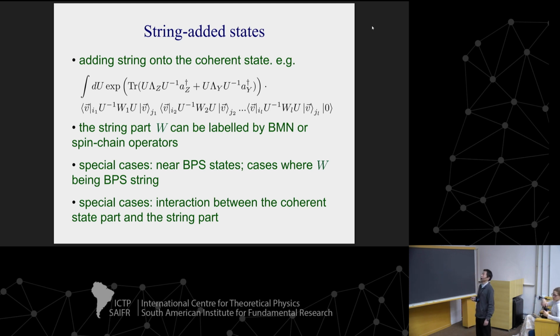There's anomalous energy from the interaction between the coherent state part and the string part, W. We can use the BMN analysis and also the dilatation generator to calculate the spectrum.